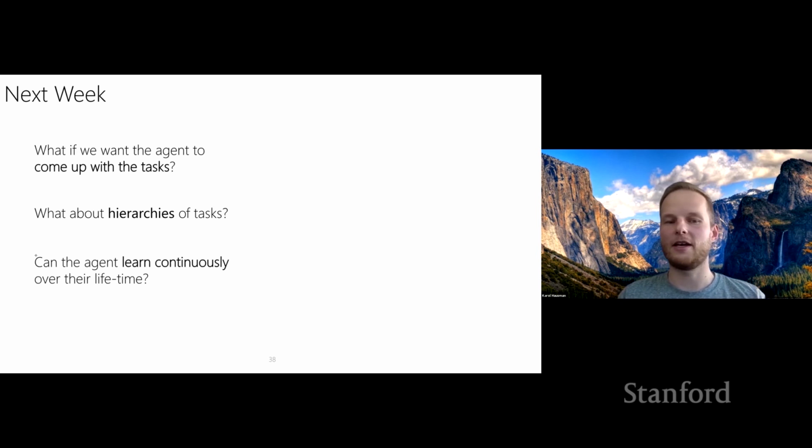And then, can the agent learn continuously over their lifetime? So how can we produce an agent that not only comes up with its own tasks and builds its own hierarchies, but also can do it over the course of its entire life? Next week, on Monday, we'll talk about the first two topics, and on Wednesday, we'll talk about the last one.